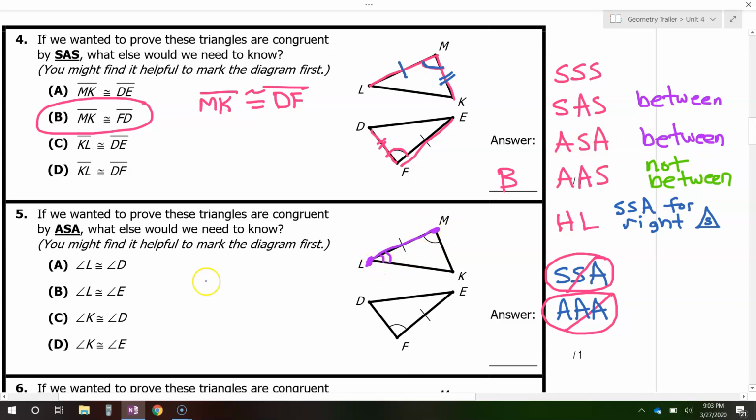So I'm going to use angle L, and using the same argument, it needs to be angle E, which will put the congruent side between the two angles. So angle L has to be congruent to angle E. Okay, L is congruent to E. Once again, that is answer B.